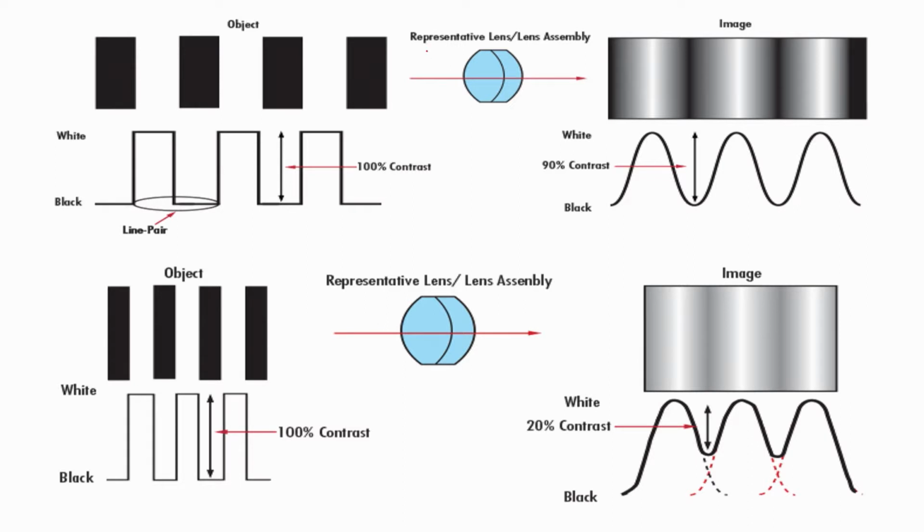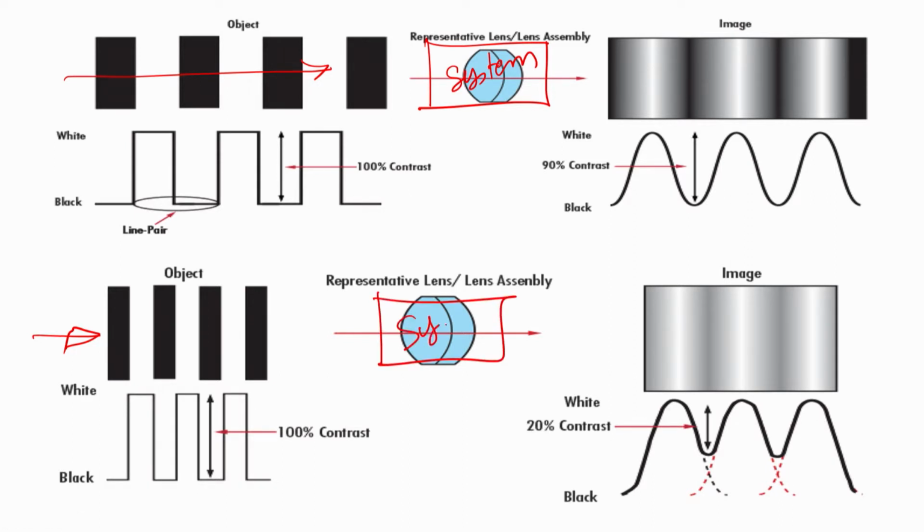For example, again we have our system over here. If we increase the frequency, let us say in this case we double the frequency, then our system is no more separating the lines in the output image.